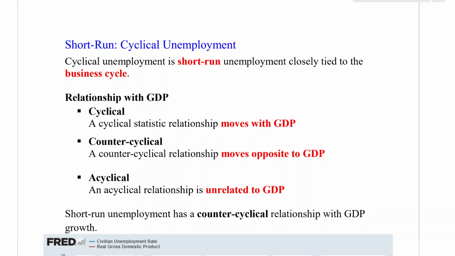There's also underemployment, which is people who are technically employed, working for pay in the last week, but maybe only part-time when they wanted to be full-time. So that's one other way to look at labor market health: underemployment, part-time but wanting full-time.